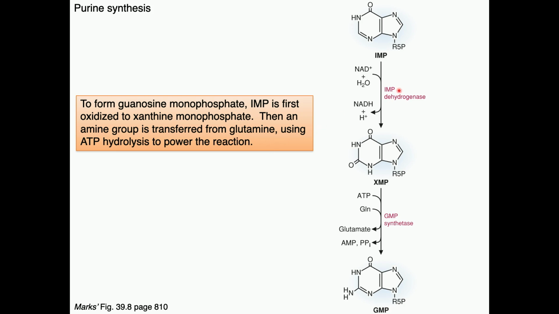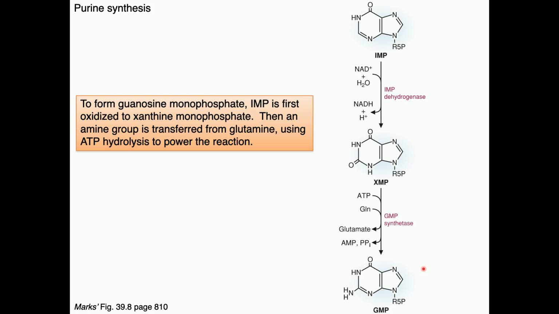In the generation of guanosine monophosphate from inosine monophosphate, first we're going to oxidize this carbon into a ketone carbon, and then we're going to transfer a nitrogen onto it using glutamine as a nitrogen donor. And this is using ATP hydrolysis as an energy source. So for the guanosine monophosphate, we're leaving this as the ketone, and then we've got the amine group down here. It seems like a lot of trivia, but you should know it, I guess.